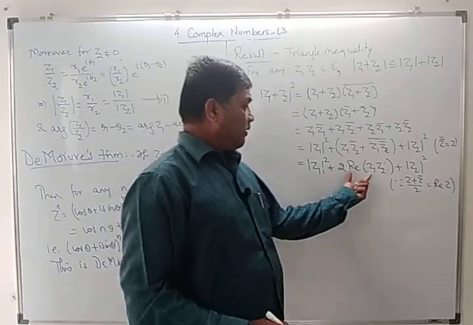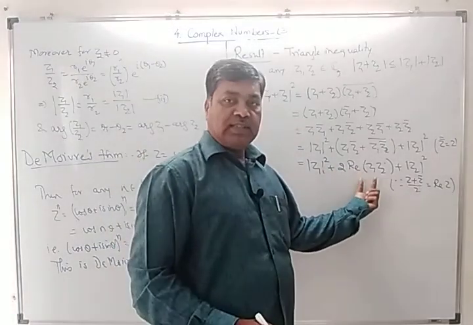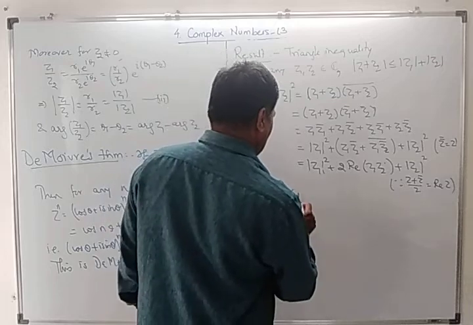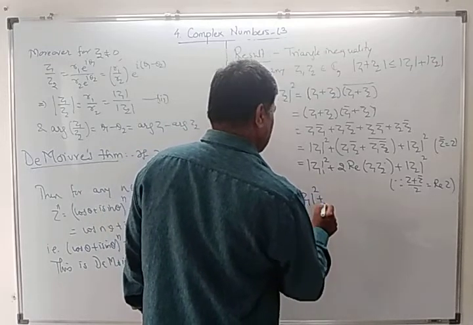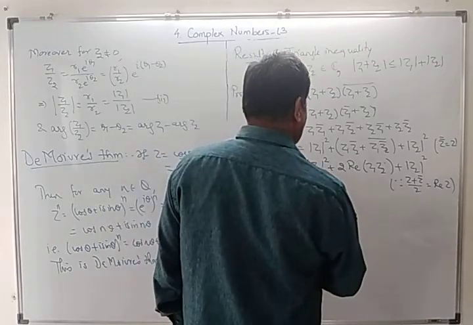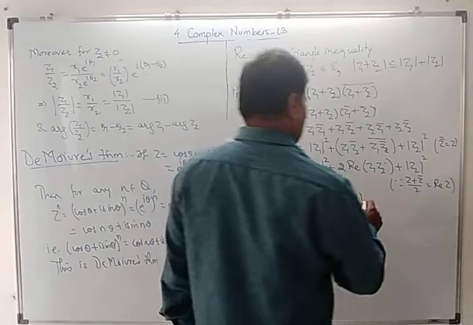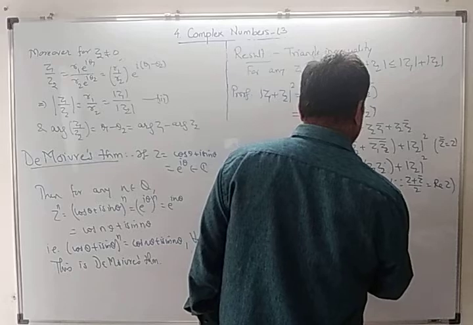But we know that the real part of Z is less than or equal to modulus of Z. So this is less than or equal to modulus of Z1 square plus 2 times mod Z1 Z2 bar plus modulus of Z2 square.